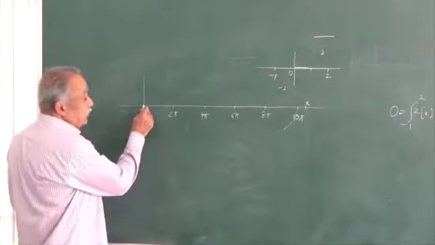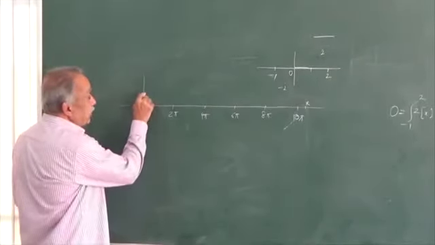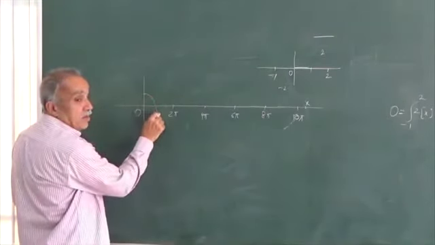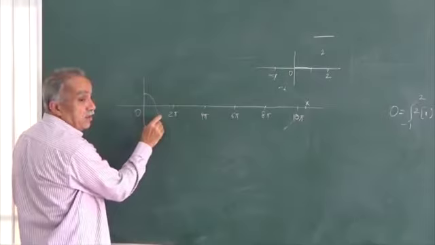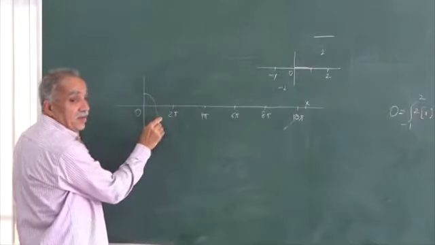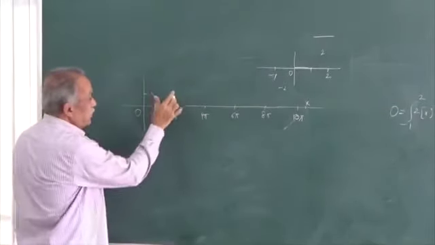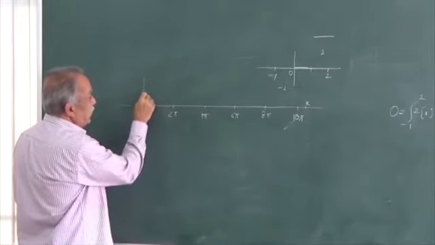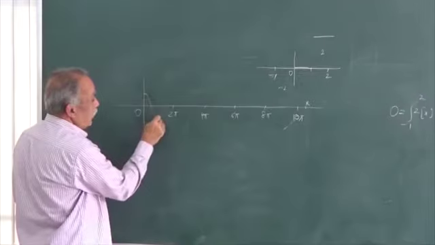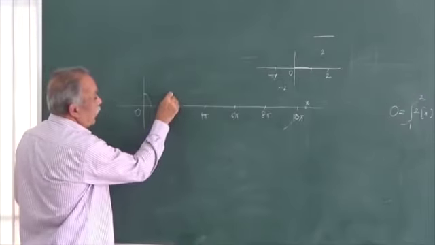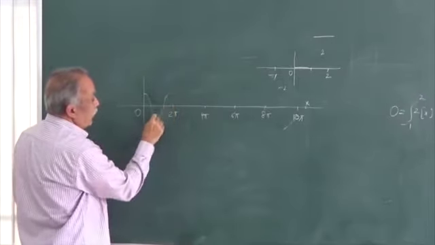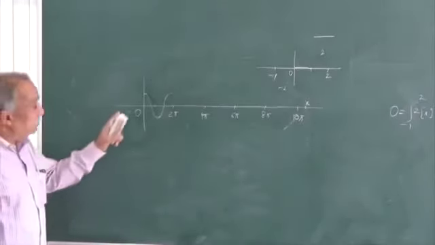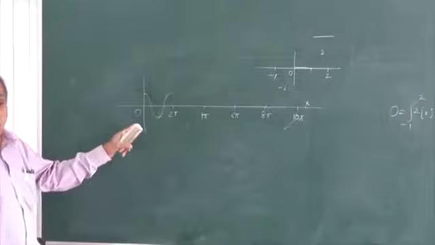If you draw the graph for cos t, the graph will come out like this. This is pi by 2. Agreeable? Yes. This is the graph for cos x.